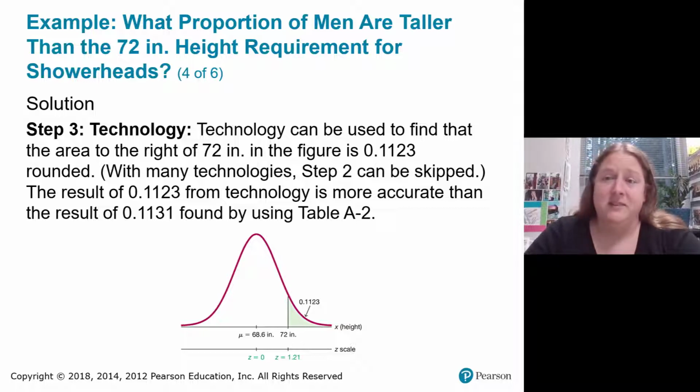Don't worry about that difference, all right? If we had used technology, we would get 0.1123, and if we used the table, we'd get 0.1131. Ultimately, that difference is not a big deal, and we're going to be dealing with the table for the most part.